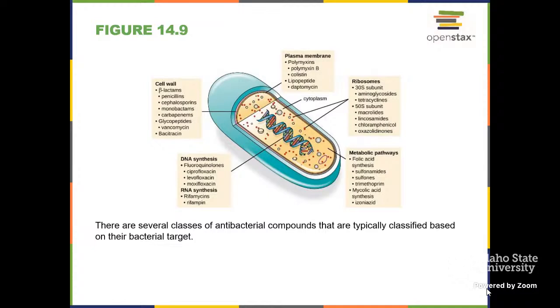So if we can block some of these pathways that the bacteria are truly doing on their own, it doesn't cause ill effects in us, and it really targets these guys, right? So there's a handful of different ones that we see here. The folic acid, mycolic acid, if we're thinking of our mycobacteria. So some of the drugs that we think of as targets for tuberculosis and some others could fit within here, right?